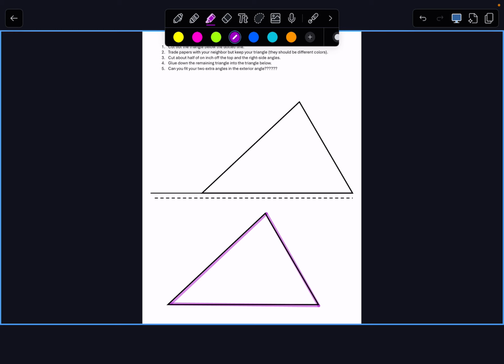Okay, so I want everybody to take a time out, and I want you to listen to the instructions. Do you see how this triangle, I extended it?